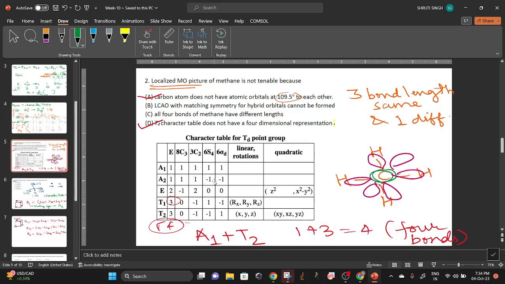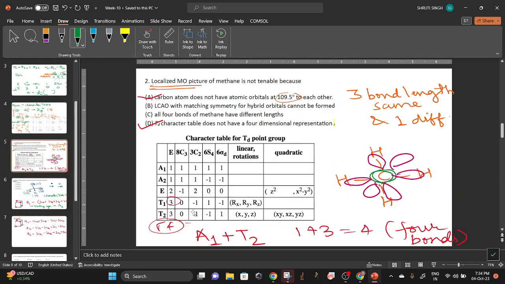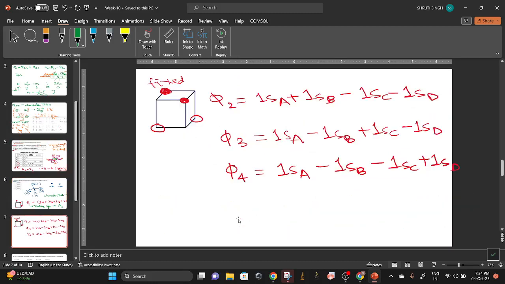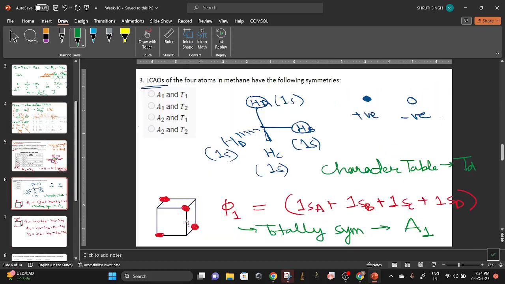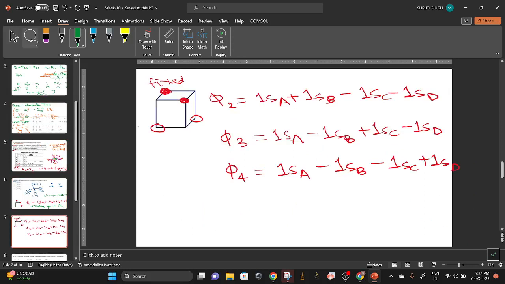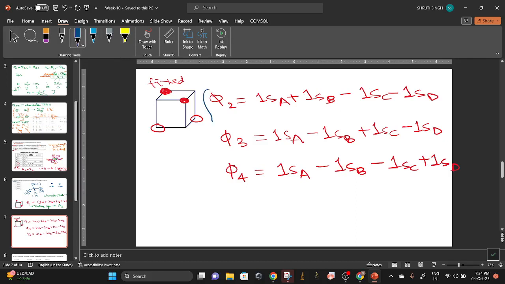And these all three will jointly belong to T2 representation, 3 0 minus 1 minus 1 1. T means triply degenerate. So all of them will belong to T2.